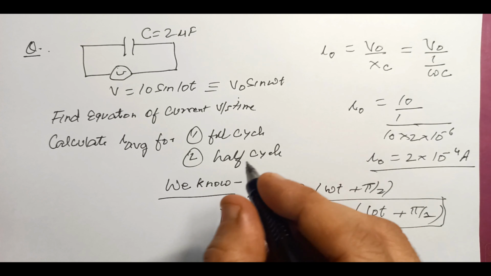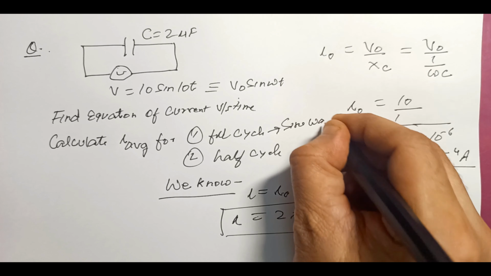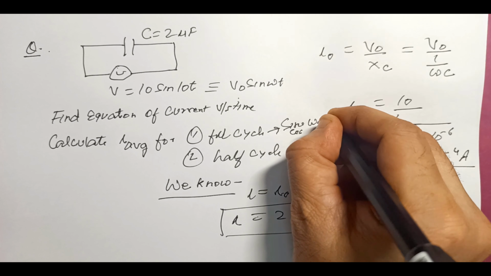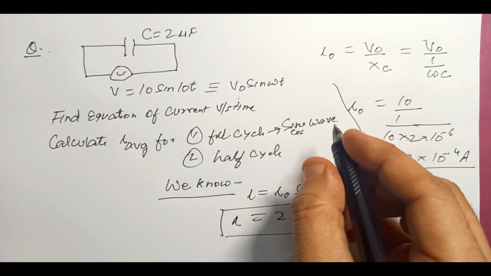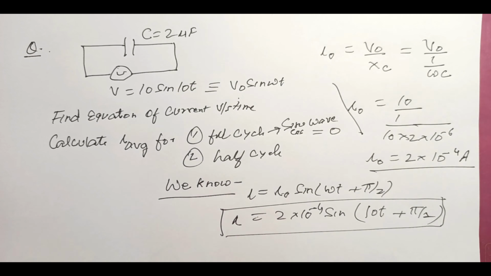Now for full cycle, for sine or cos wave, we have studied in the earlier class that it is equal to 0.